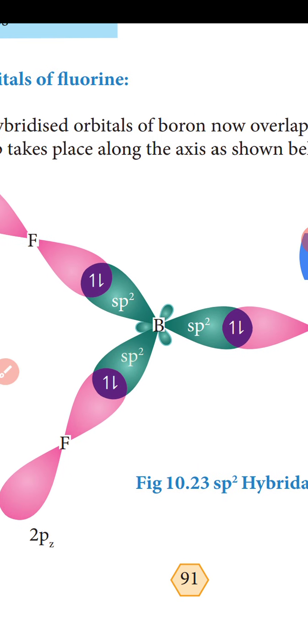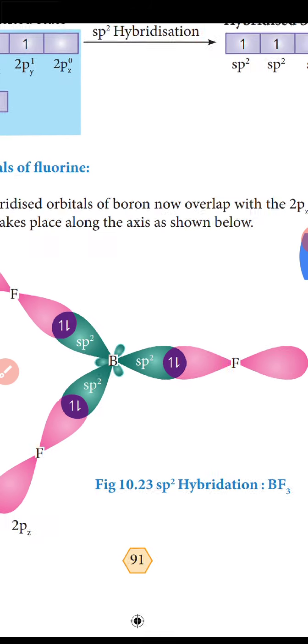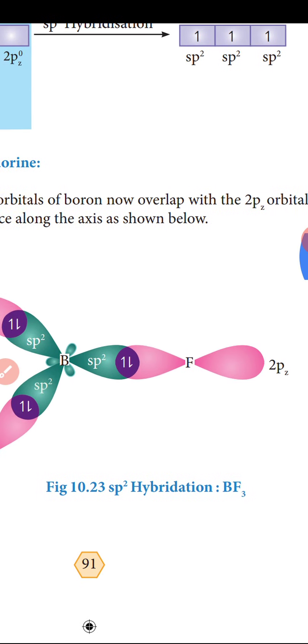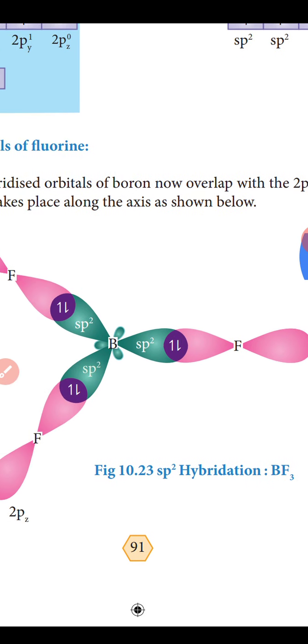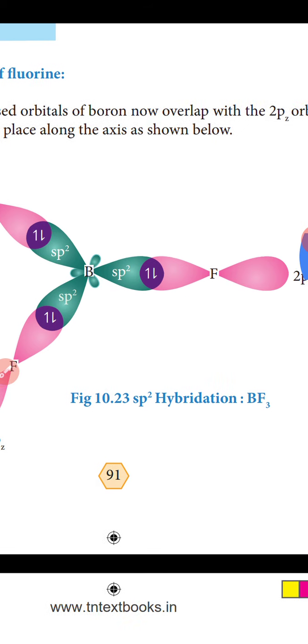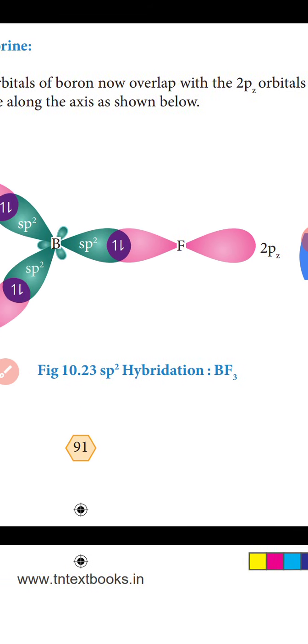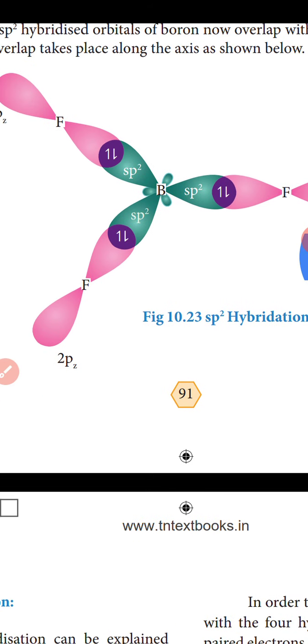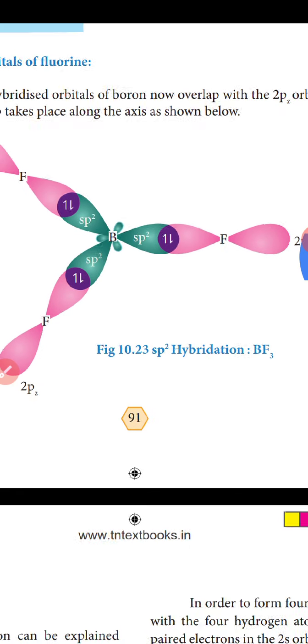The 3 sp2 hybrid orbitals of boron overlap with the 2pz orbitals of the fluorine atoms along the axis, as shown below.